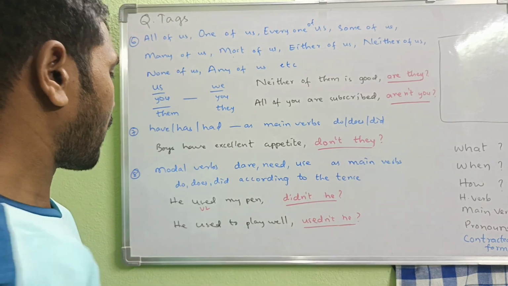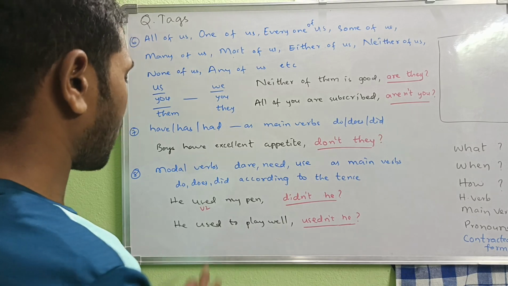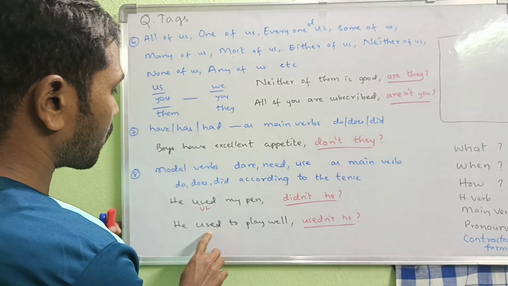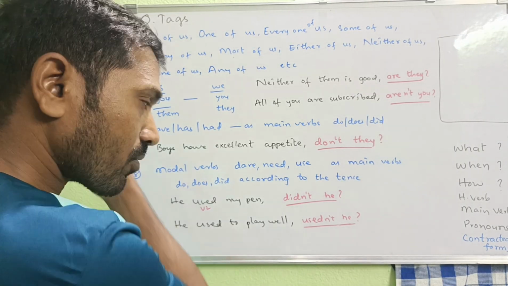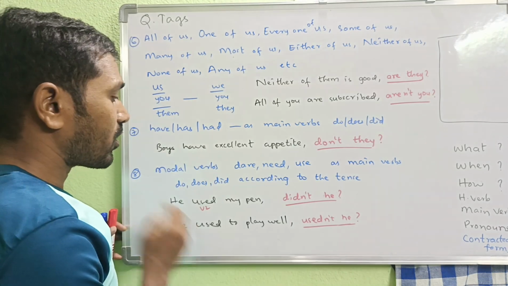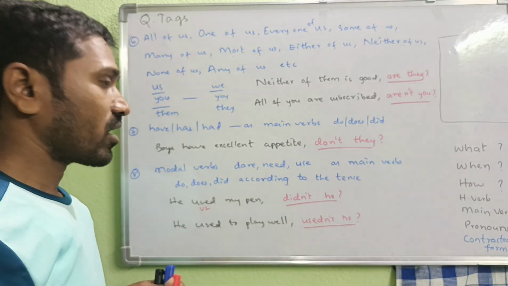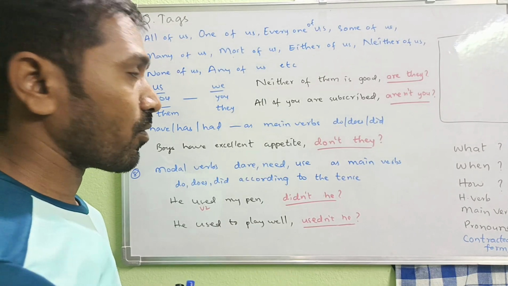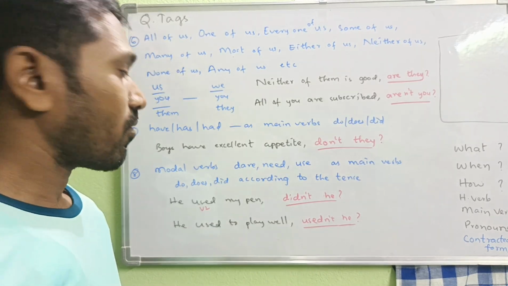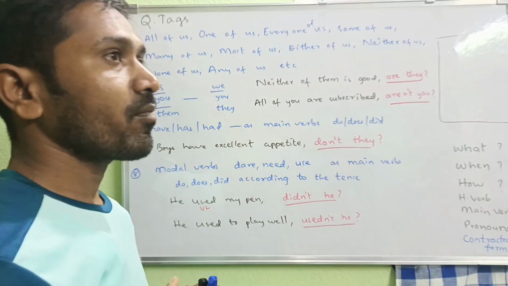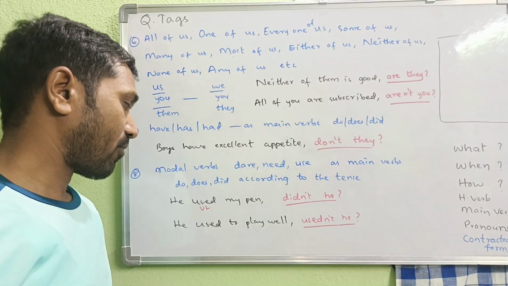He used to play well. Here in this case, used to is actually a modal verb. Used to and would are the modal verbs which we use to express past habitual activities.